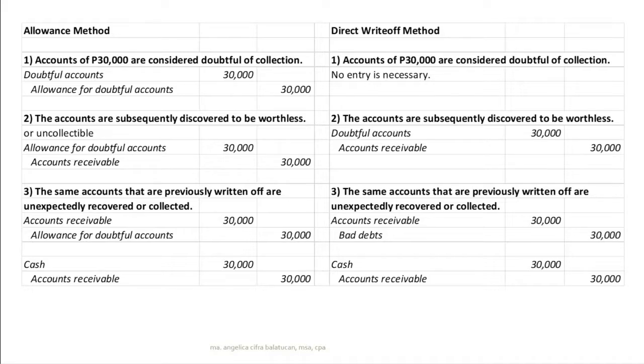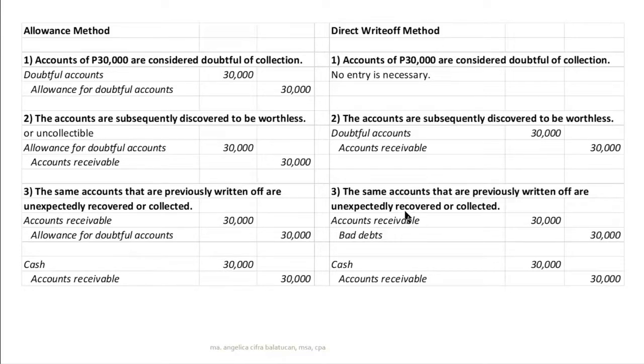Since we wrote it off, it was as if he no longer owed us, because we removed it. So we have to re-establish the accounts receivable and the allowance. You restore it, so you make an entry to establish the receivable: debit accounts receivable and credit allowance for doubtful accounts. And then since we are able to collect it, debit cash and credit accounts receivable. Okay?